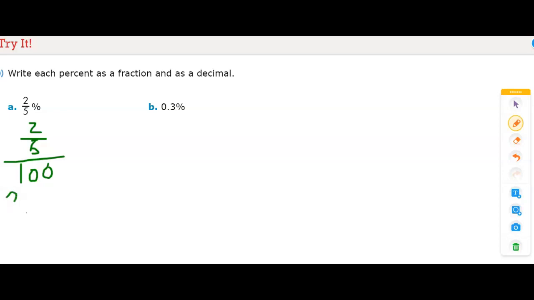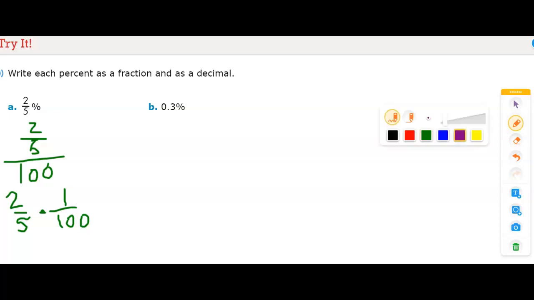So we keep 2/5. We change division to multiplication, and the 100 will now be 1 over 100 because as a whole number we put it over 1, but now we have to do the reciprocal. That's why it's 1 over 100. And then you simply would multiply straight across.